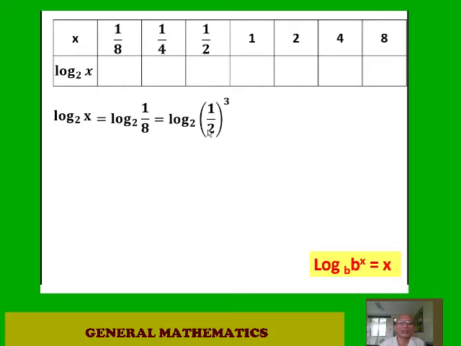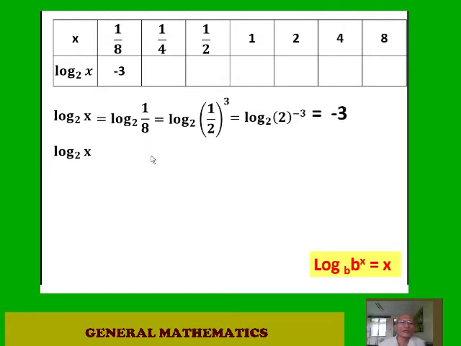Then change 1 half into the inverse of 1 half, which is 2, and the exponent becomes negative. So they have the same base, 2. The value of this logarithm is equal to the exponent, negative 3.